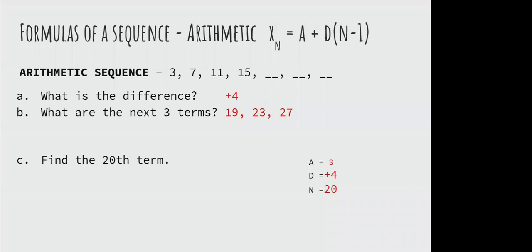Somebody come back with the 20th term. Write down the formula. We have the values of A, D, and N. On Thursday, we are going to find the 20th term.